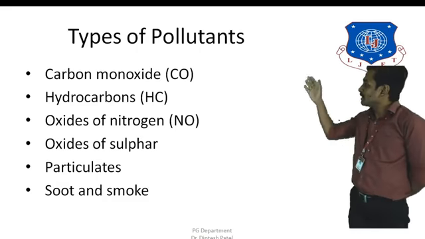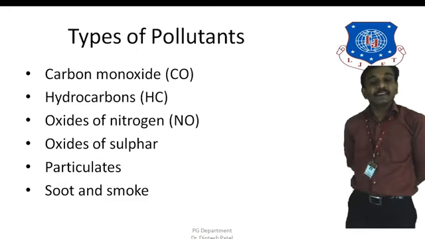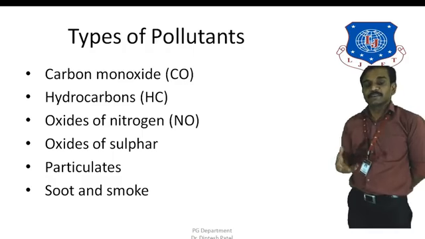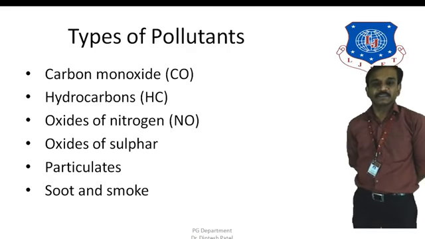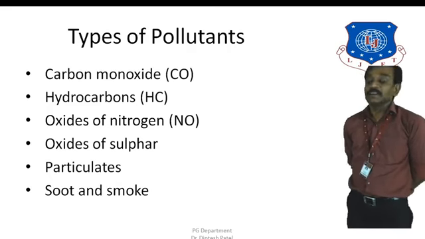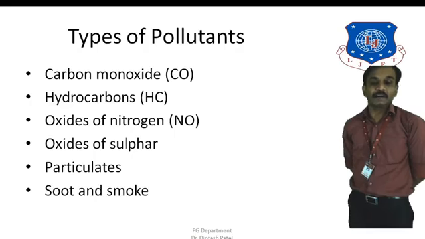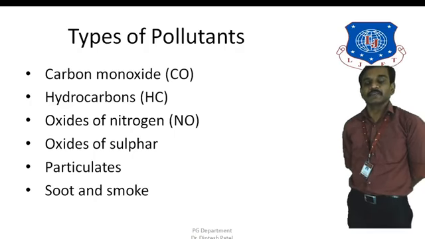The top four are emitted by both SI and CI engines, spark ignition and compression ignition engines, while the remaining two, particulates and soot or smoke, are mostly generated in CI engines.